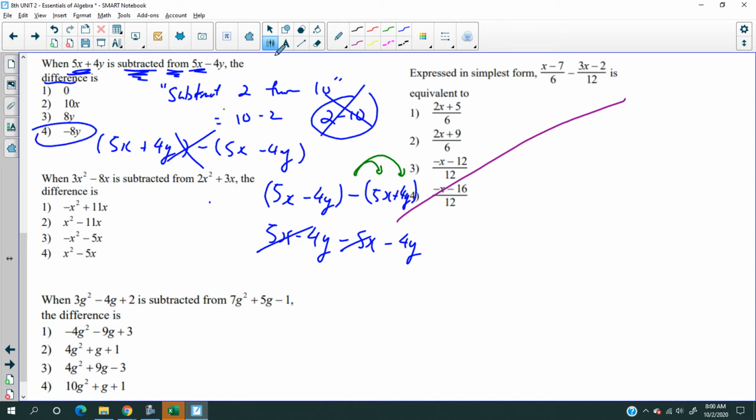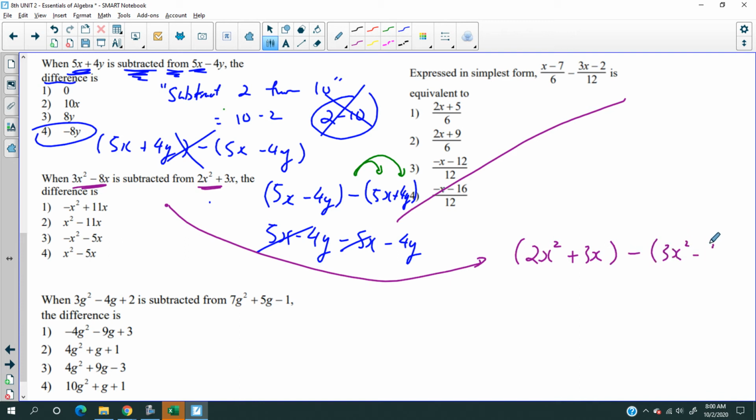Let me do one more with you. All right, and I'm gonna take it all the way to the side here. Now again, when this is subtracted from this, so this comes first, 3x squared minus 8x.